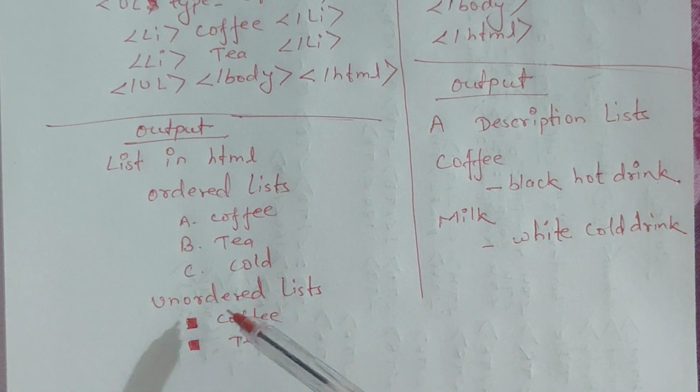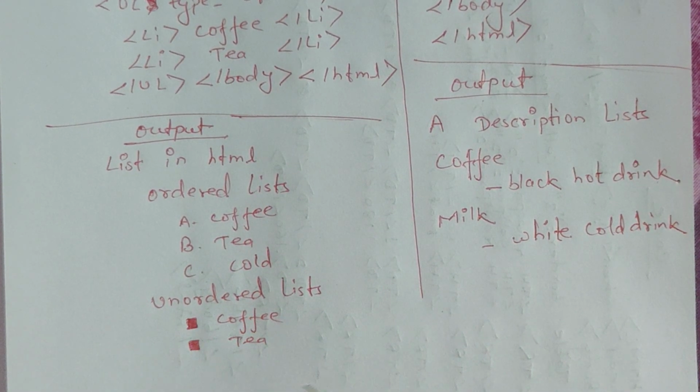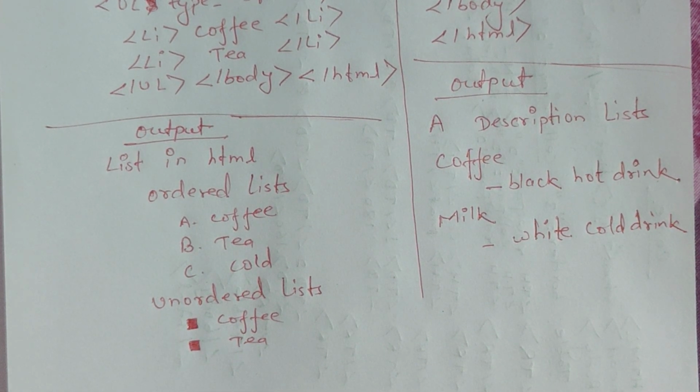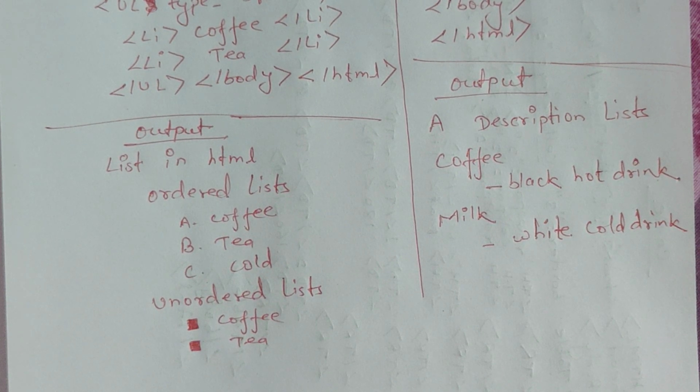Similarly, in ordered list we have numbering or some sort of order. Okay, and in unordered list we just have some bullets. Bullets means whatever we have written will be in points, but it doesn't have any order. It doesn't show any order, first this then second that. Such things are not present in unordered list.